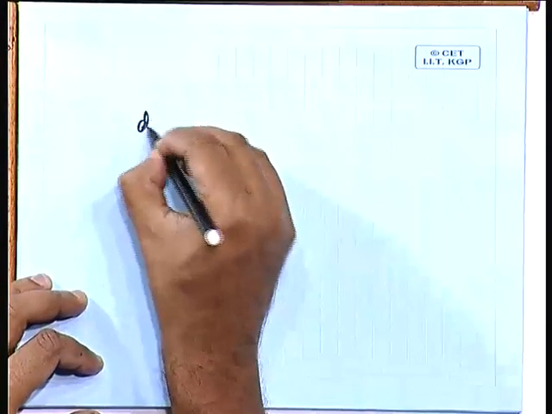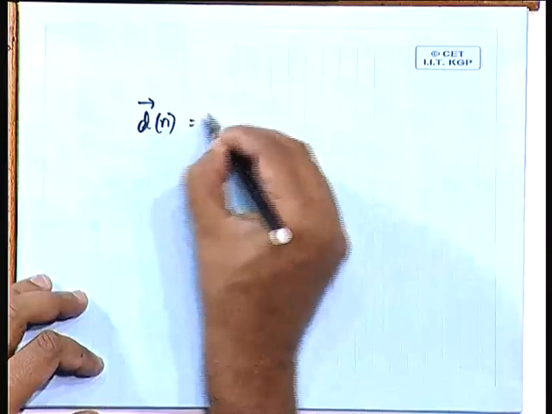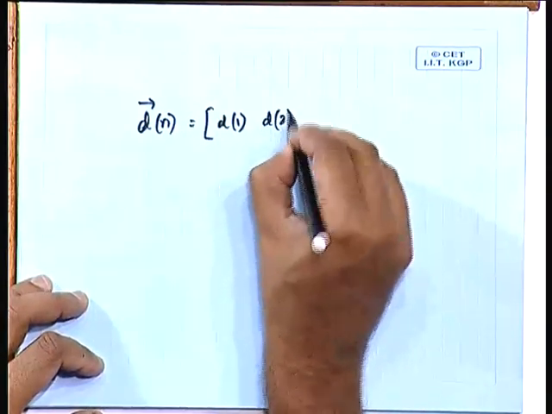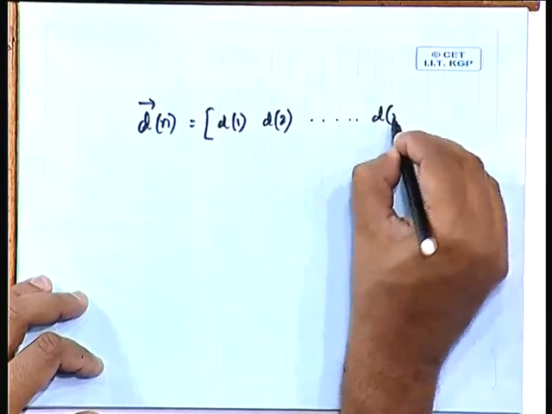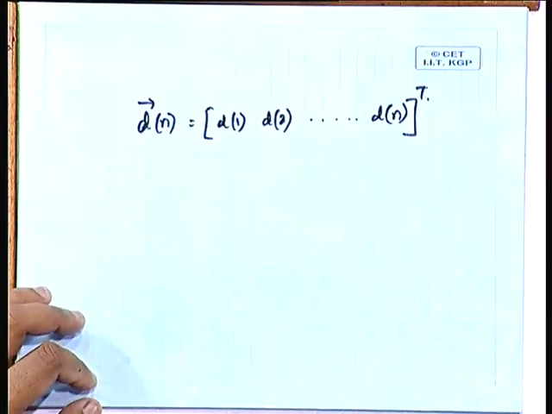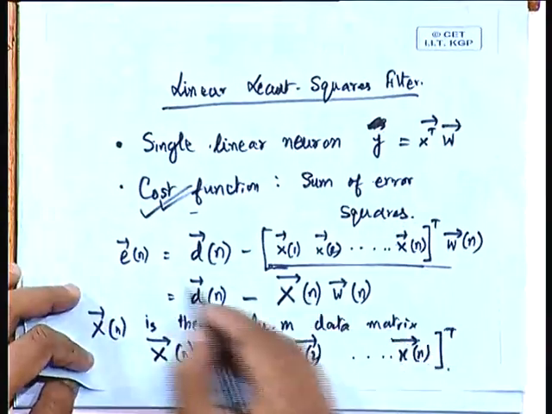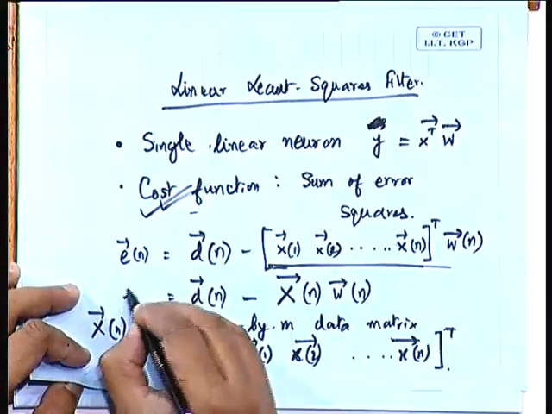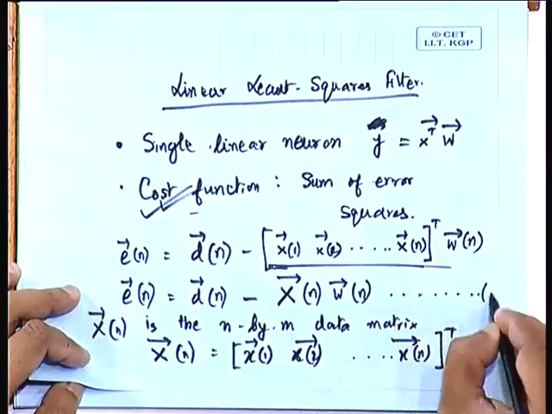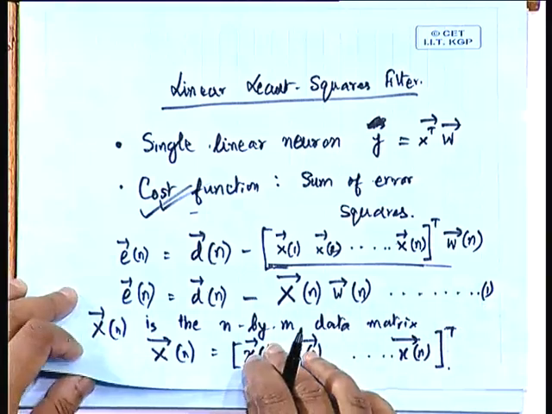Here d n is simply defined as the vector containing d 1, d 2 up to d n, this whole thing transpose. Now, this equation that we had obtained, E n equals this, let us call it equation number 1 for today.